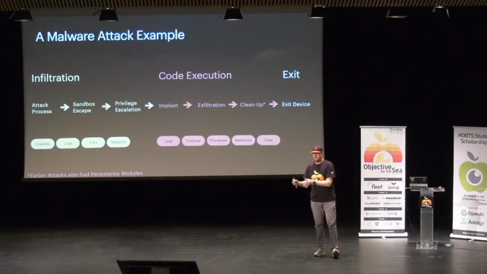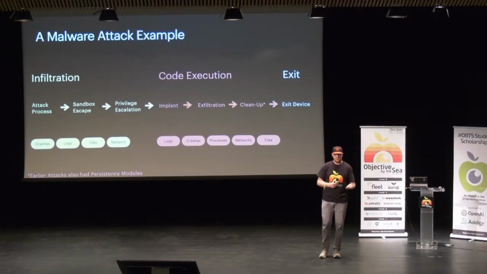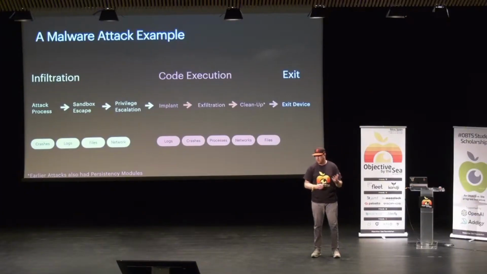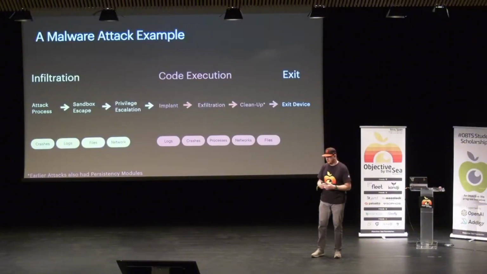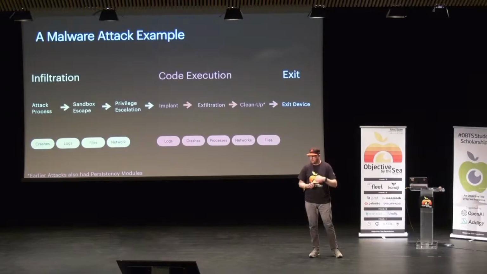Then we're moving over to the code execution stage where we could have the implant process running, we could have crashes or kernel panics. If some of the kernel exploit fails, we have log messages, and some threat actors really like to tell the world that they just made it to the device, that they defeated Apple, and now they're running on the system. And then we obviously also have networks and files.